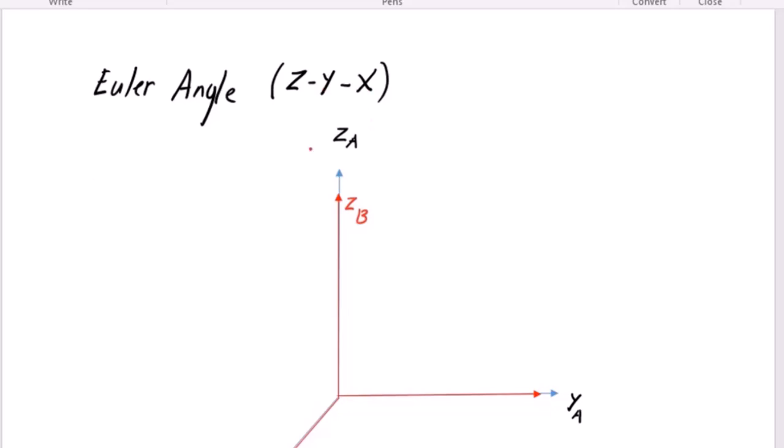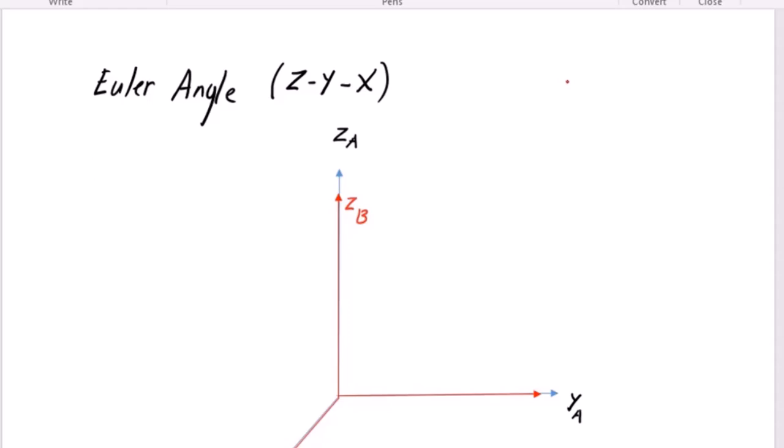The last will be X. So the current axis we will rotate about is the Z, which is our ZB, the axis of the body attached frame. So rotation will take place here. There are three angles involved.